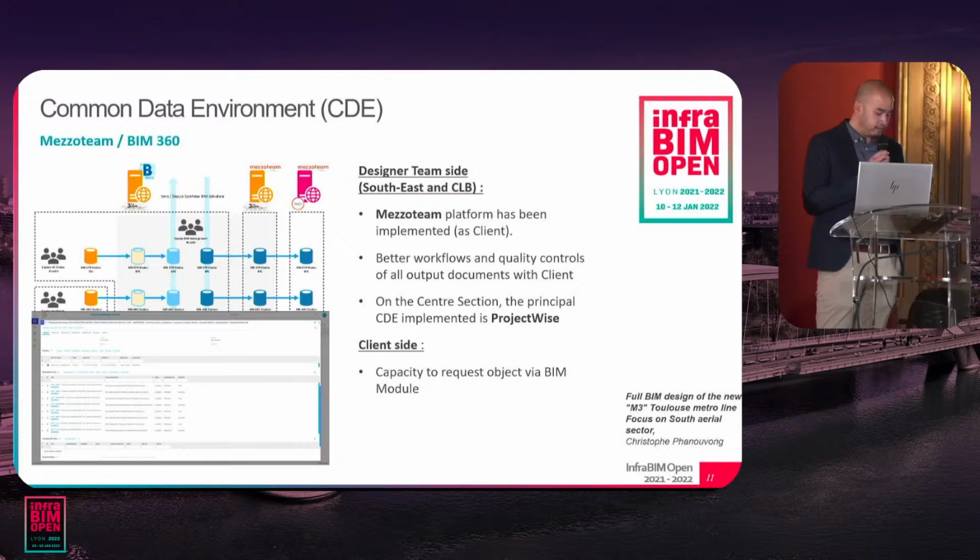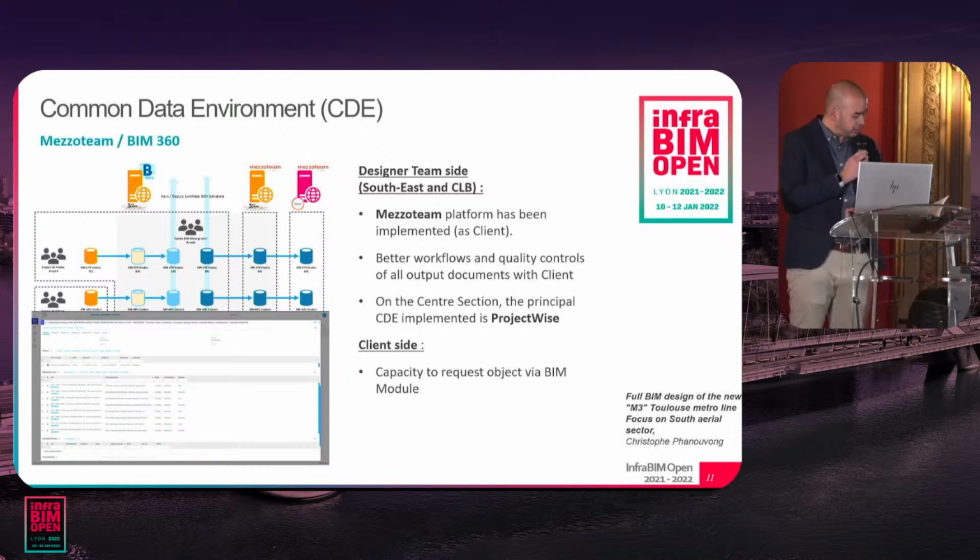Concerning the CDE that worked on the southeast section, Arcadis decided to organize all its production on the Autodesk BIM 360 platform. About this exchange, it was to manage all the different exchanges between the models, between IFC models and Revit models, with the architecture firm Sequence, and with the other engineering firm OTIS.